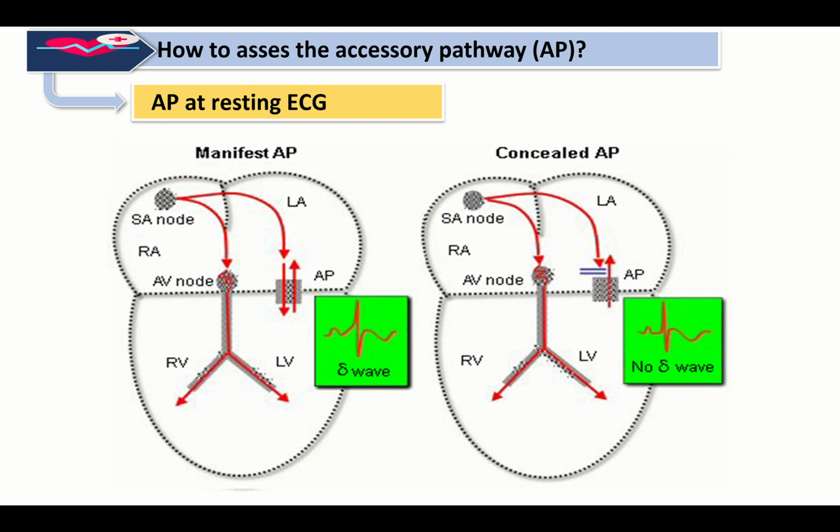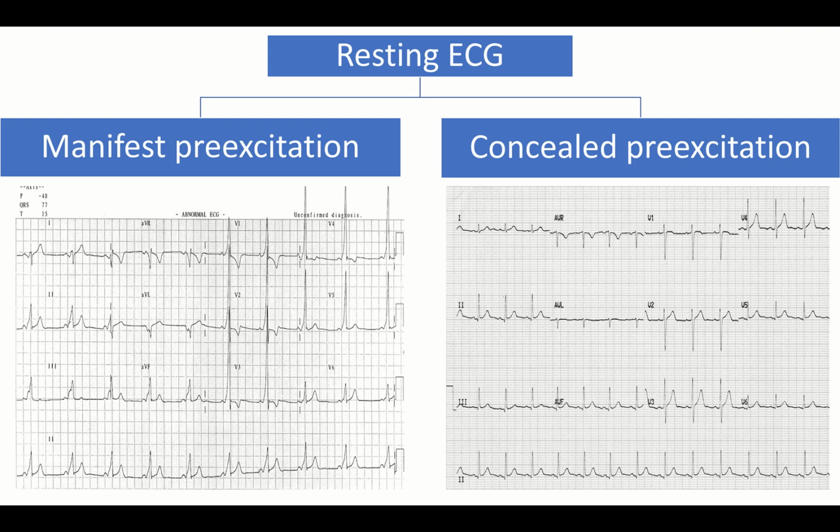That's why we can see pre-excited QRS complex, delta wave, short PR interval. Meanwhile, on the right panel, there is an accessory pathway, but we can't see any evidence at the resting ECG because it's a concealed accessory pathway, no antegrade conduction, it's only retrograde. That's why no delta wave, no short PR interval.